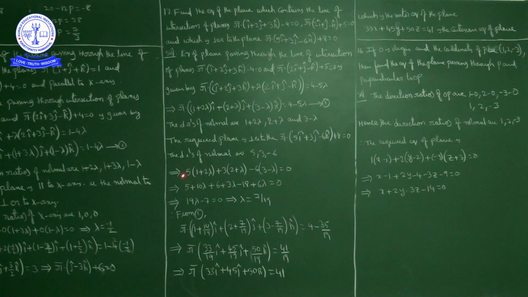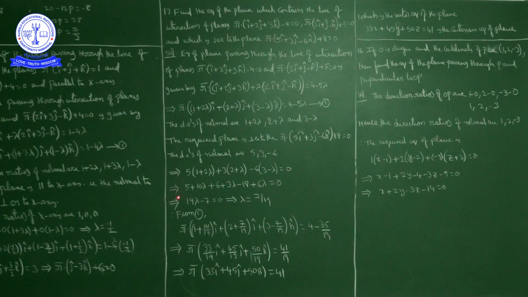So a1 a2 5 into 1 plus 2 lambda plus b1 b2 3 into 2 plus lambda plus c1 c2, okay, 3 minus lambda into minus 6 is equal to 0. Okay, to simplify, 5 plus 10 lambda, 6 plus 3 lambda minus 18 plus 3 lambda is equal to 0.